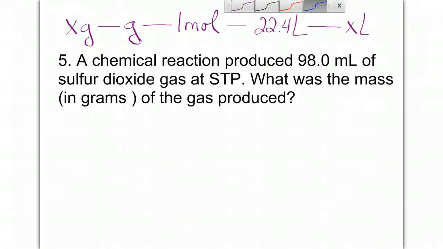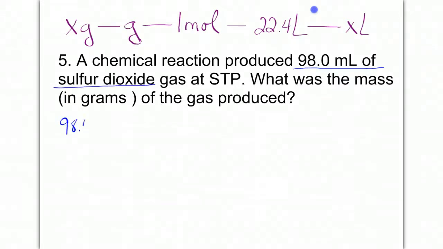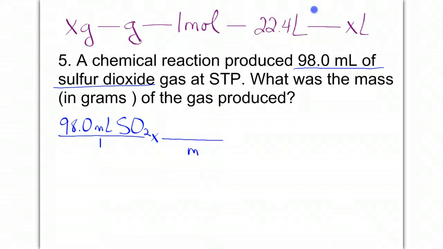Okay, number 5. I'm given 98.0 milliliters of sulfur dioxide. Put it over 1 times, draw a line, bring down milliliters of sulfur dioxide. Milliliters is here, and so we'll change from milliliters to liters first. 1 liter equals 1,000 milliliters.